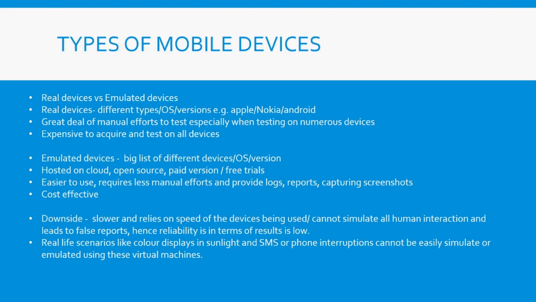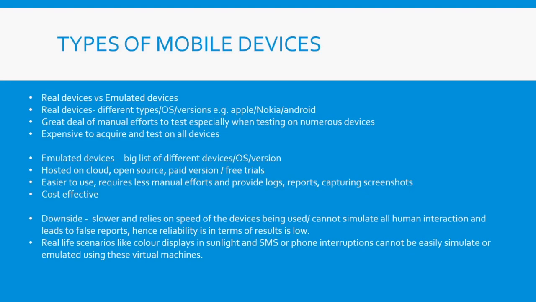Now, as a tester, to test an application that is being developed on a real device, you would have to test it on different types of devices. There are hundreds of devices, hundreds of browsers, hundreds of versions of operating systems.